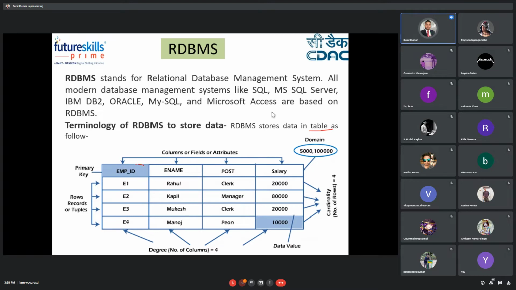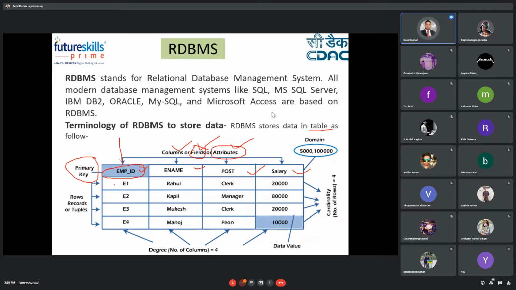Every table should consist of a key known as the primary key, so that you can identify your rows uniquely. These are the fields, or attributes, of your tables, already explained. These are also known as columns, fields, and attributes. So for this table we can say that we have 4 attributes, or 4 columns, or 4 fields.